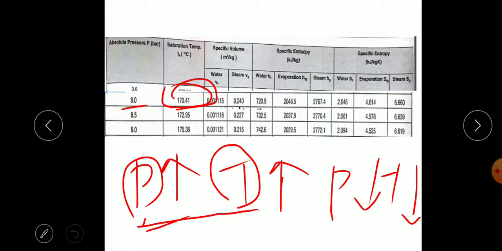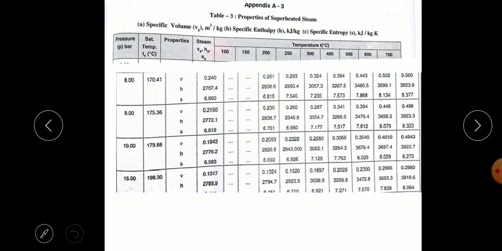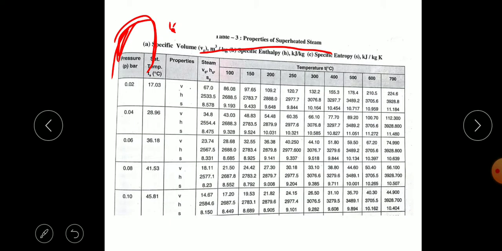For superheated steam, the properties given are the specific volume Vg, then specific enthalpy H, and specific entropy S. So here there will be no SF, SFG, because all the steam is in the superheated state.